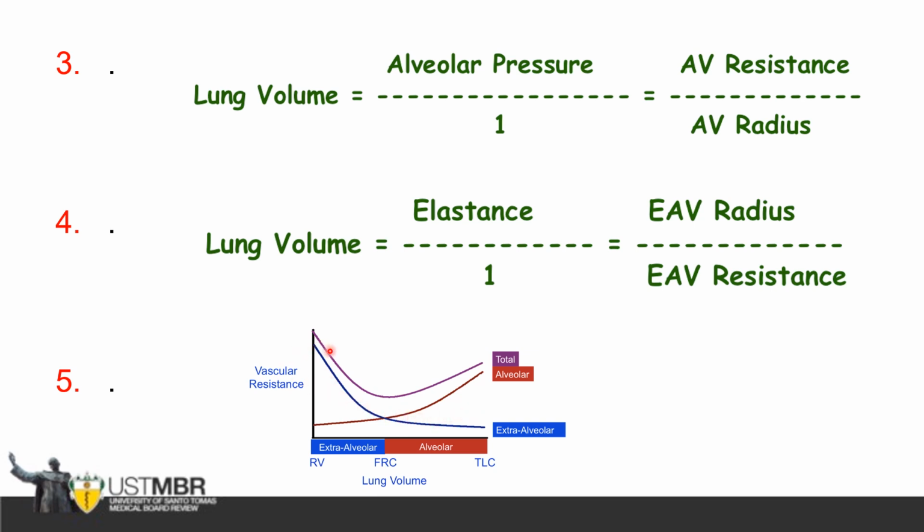The total resistance is a combination of your alveolar and extra-alveolar, and it assumes a U shape. The lowest pulmonary vascular resistance is seen at FRC.